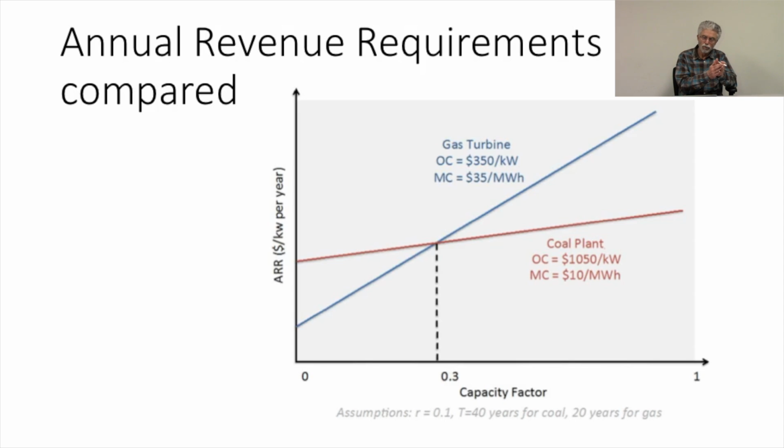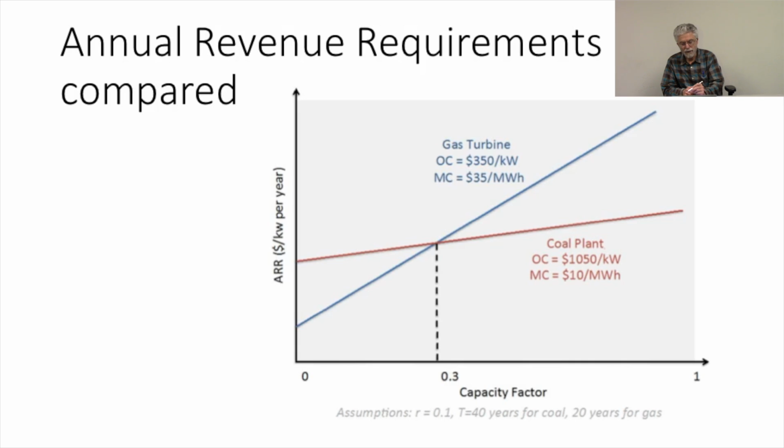And so given what you're thinking about building, do I need a peaking plant or a base load plant? Then you look at the expected capacity factor and you can decide what kind of plant seems to make the most financial sense given the capacity factor you choose.